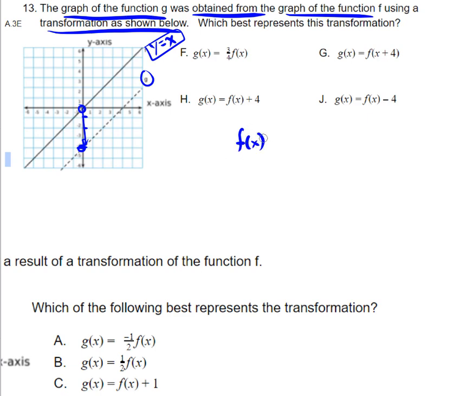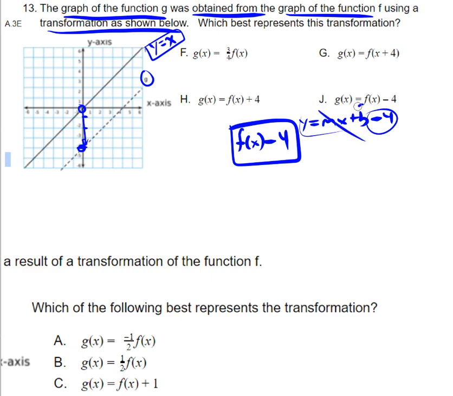And whatever your f of x is, remember, your f of x is going to be something like y is equal to mx plus b, right? If I wanted to make the y-intercept go down 4, I would just subtract 4 here and tack it on. So that's what we're basically doing here when we say f of x minus 4. We're basically taking that f of x value and we're subtracting 4.